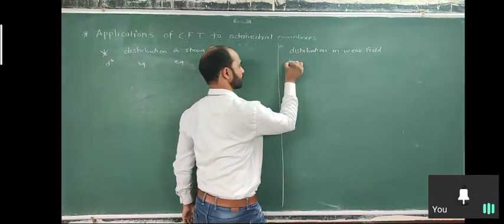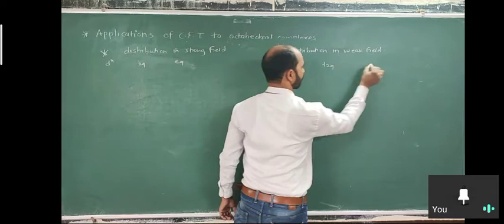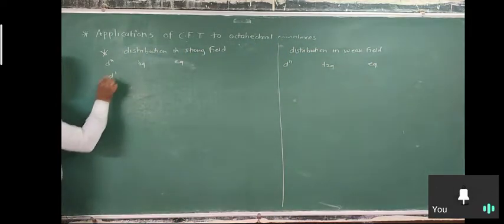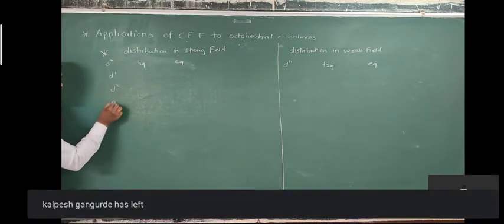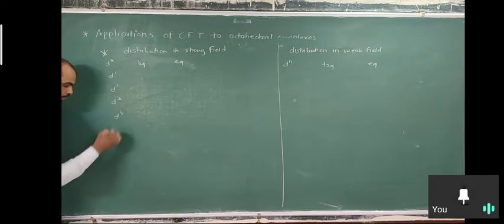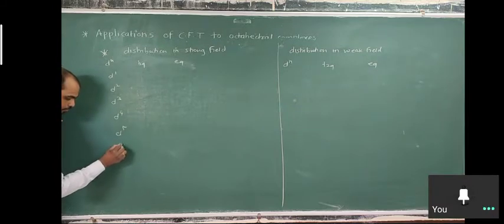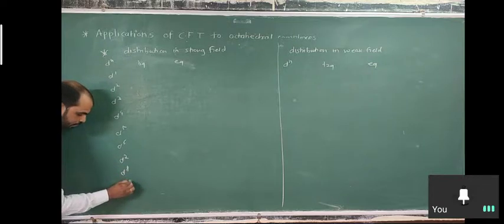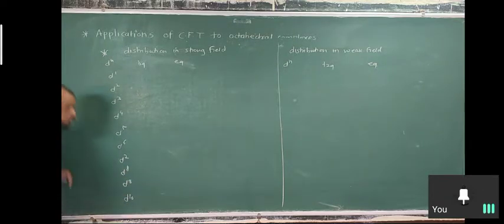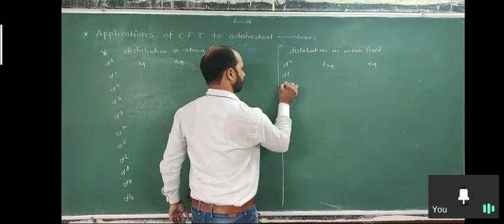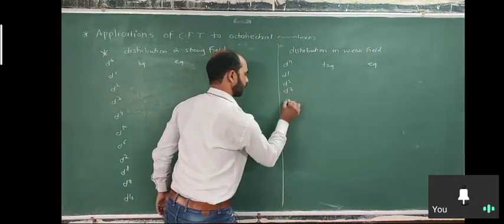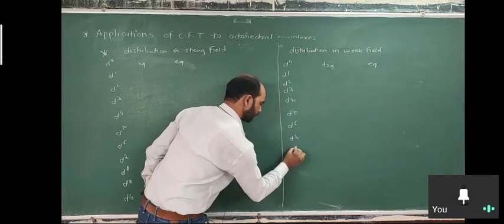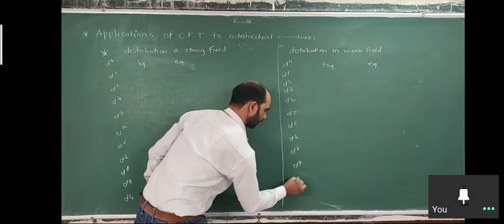Here again d^n means the system considered, T2g, here is the Eg. So how many possibilities? Suppose d having 1 electron, d having 2 electrons, d having 3 electrons, d having 4, 5, 6, 7, 8, 9 and d10. Same thing is here, d1, d2, d3, d4, d5, d6, d7, d8, d9, d10.